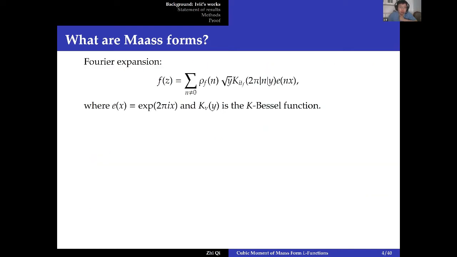If you want to talk about Maass-form L functions, then we need the Fourier coefficients. In general we just expand in this Fourier expansion, and this rho Fn will be our Fourier coefficients.